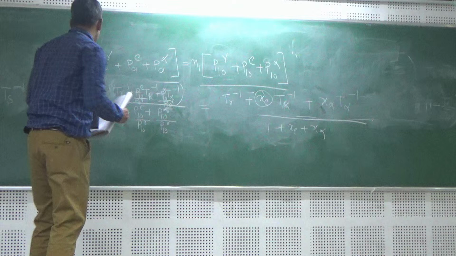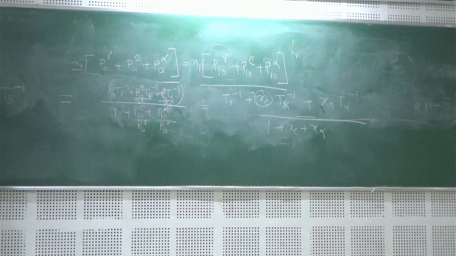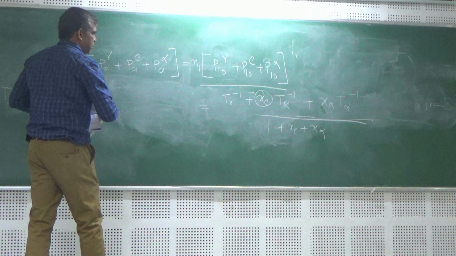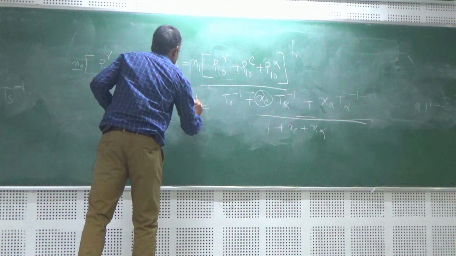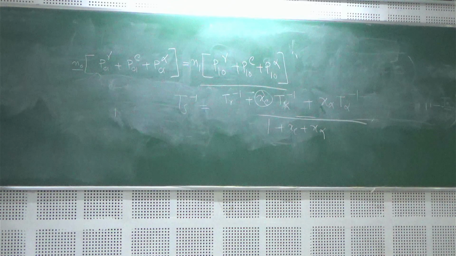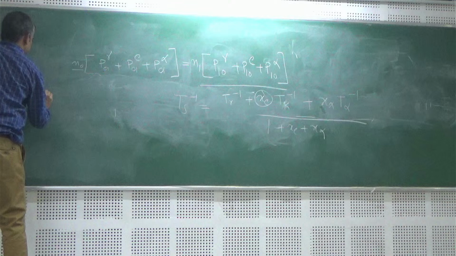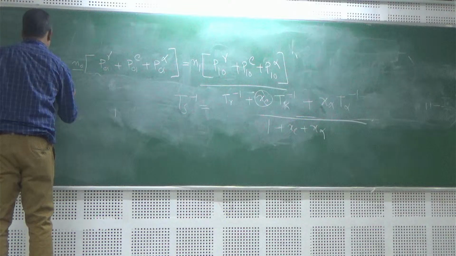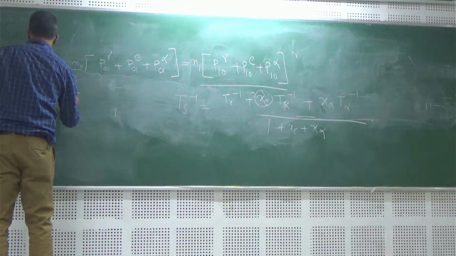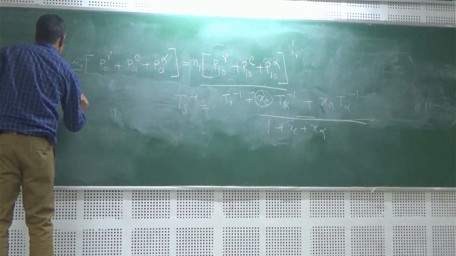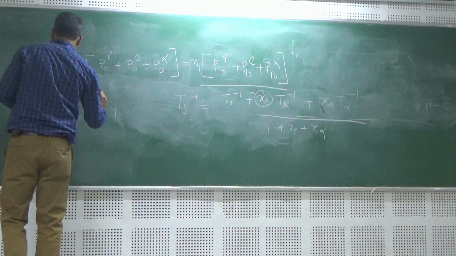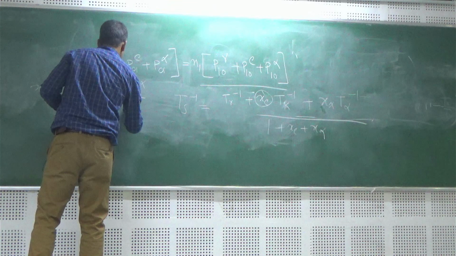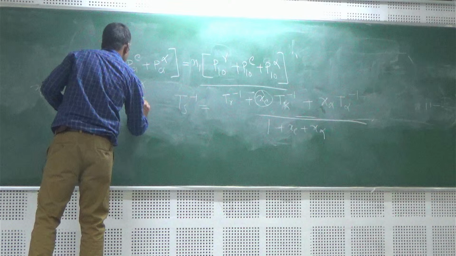Okay, and we can actually write that. So this is basically TS inverse, and we can write Xc, the collisional coupling coefficient, to be P10c by P10 gamma. X alpha is essentially P10 alpha by P10 gamma, right?